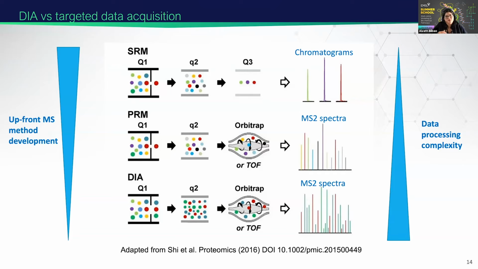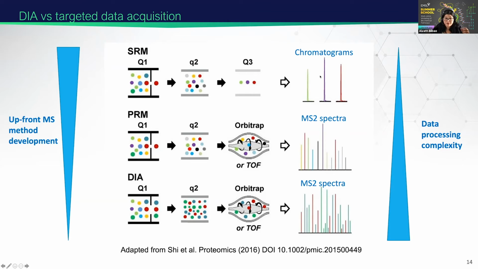For PRM, you don't need to go up to the fragment or transition selection step. You only select your proteins and your precursors, your peptides. And the instrument is collecting a full MS2 spectrum for each of the peptides that are targeted.